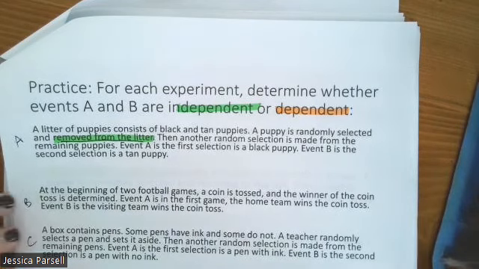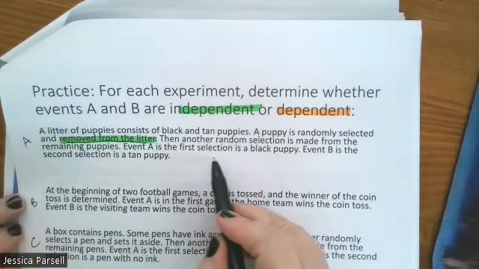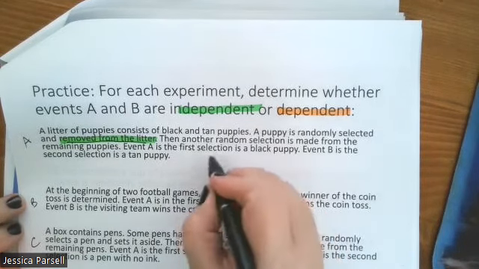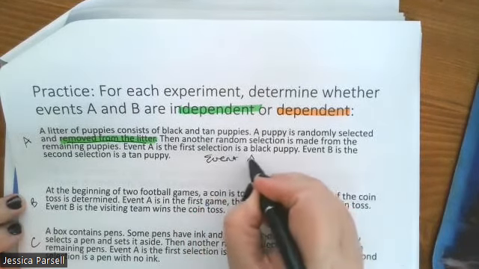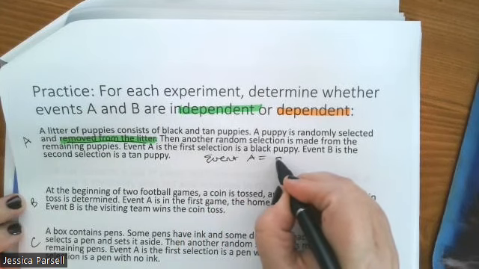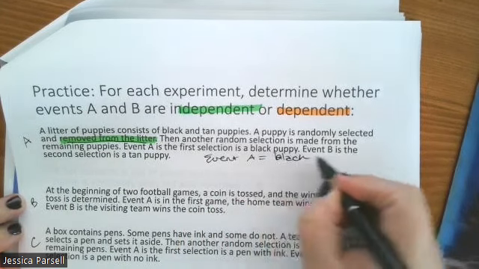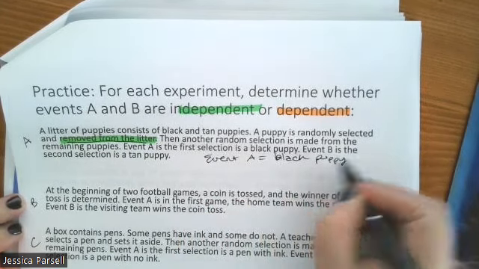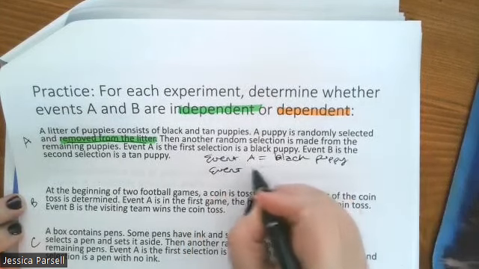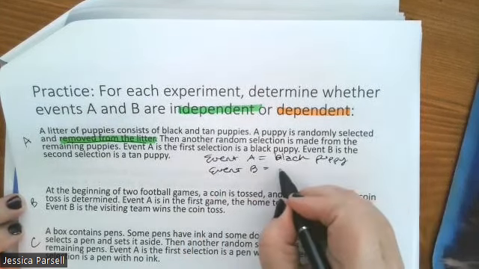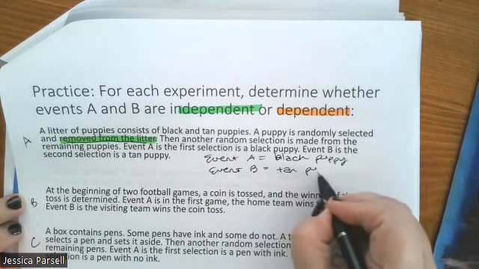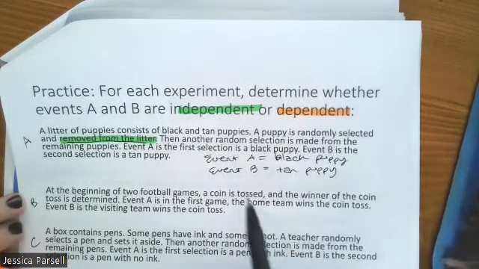So let event A be getting a black puppy. Event A is the probability of getting a black puppy, and event B is the probability of getting a tan puppy. Now, they don't tell us how many puppies.